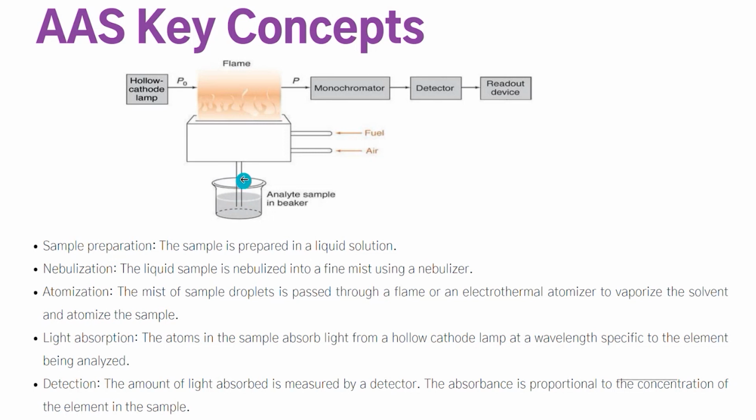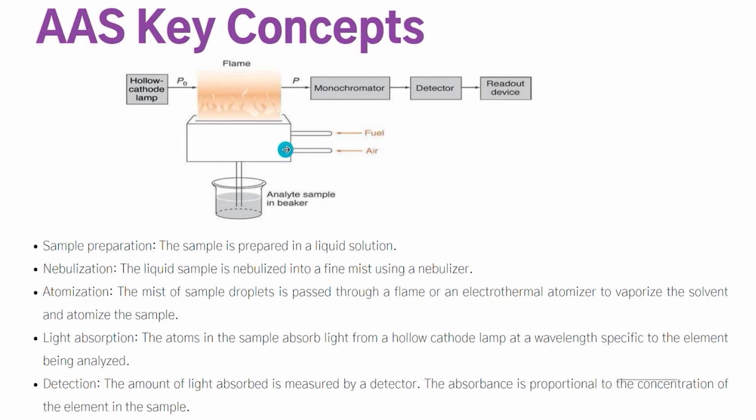Now next, the nebulizer. The nebulizer converts the liquid sample into a fine mist of droplets. This is done by passing a stream of compressed air through the sample solution, and the mist of sample droplets is then passed through the atomizer.